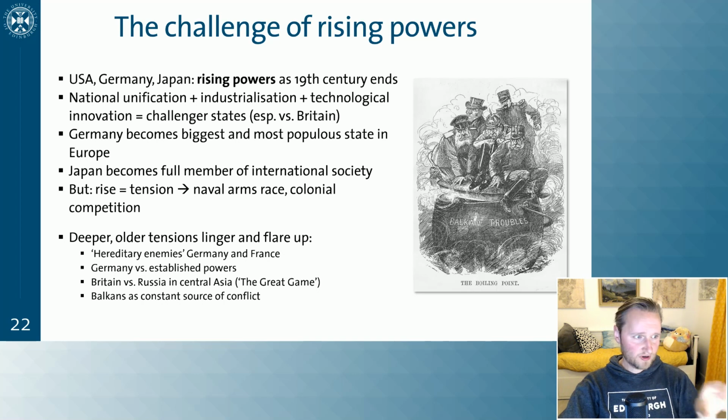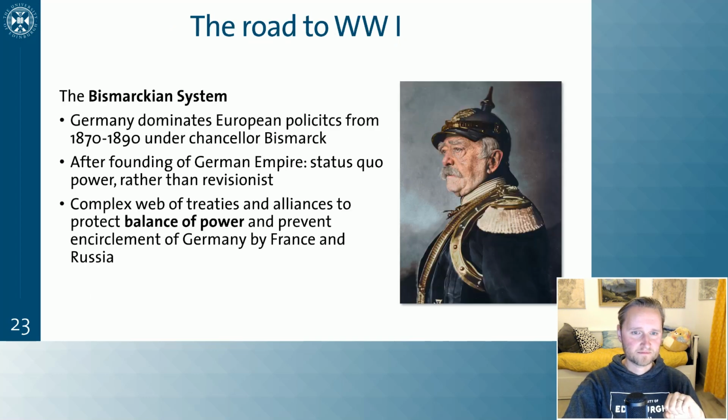And you see that one of the regions, this is a caricature from the end of the 19th century, where those tensions were most likely, even at the time, to break out into war was the Balkans. And you can see here on the right all the slightly scared looking European powers sitting on the boiling kettle of the Balkan troubles. So this was really a region that was ripe to break out into a war.